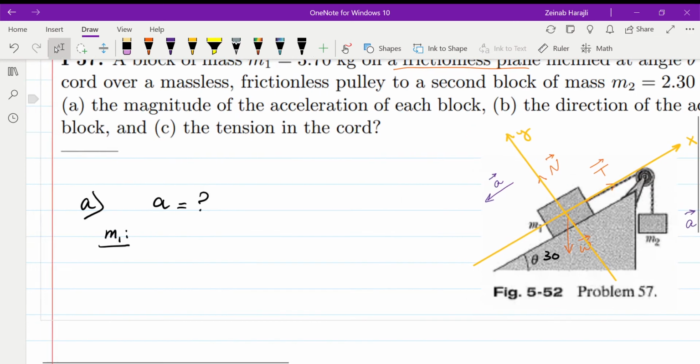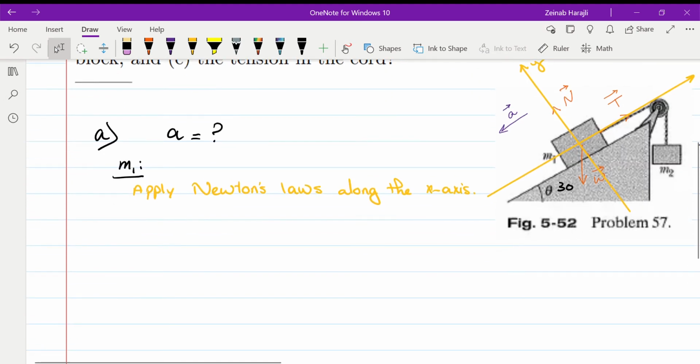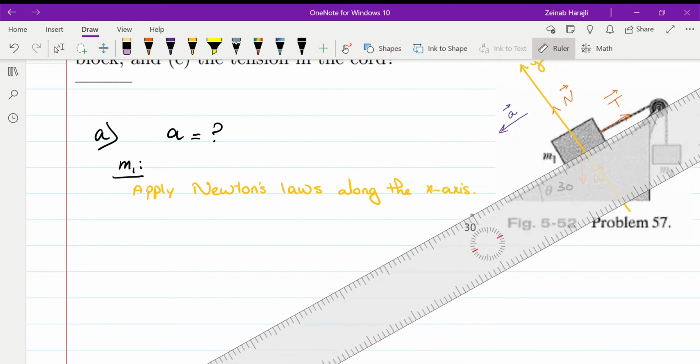So I'm going to apply Newton's law for M1 along the x-axis. We selected the direction of the acceleration down the inclined plane, so let's take this to be the positive direction.